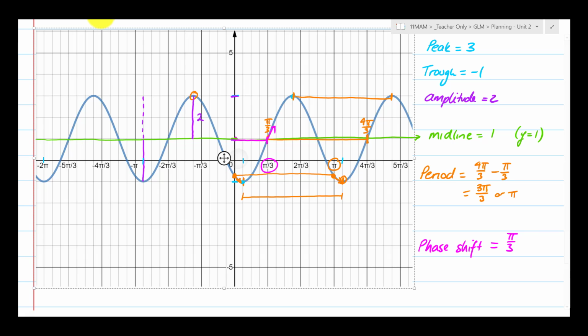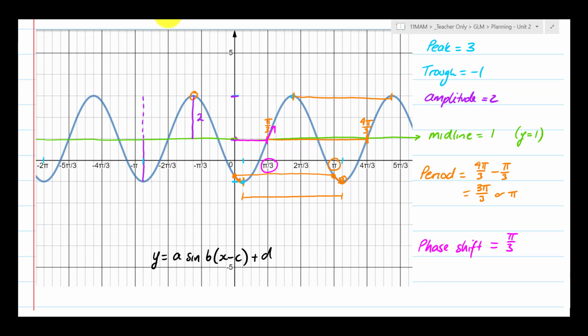How do we turn this into our standard function y equals a sine (bx minus c) plus d? Well, you remember first of all that the amplitude was the stretch vertically. The a value is the stretch vertically, which happens to be the amplitude.